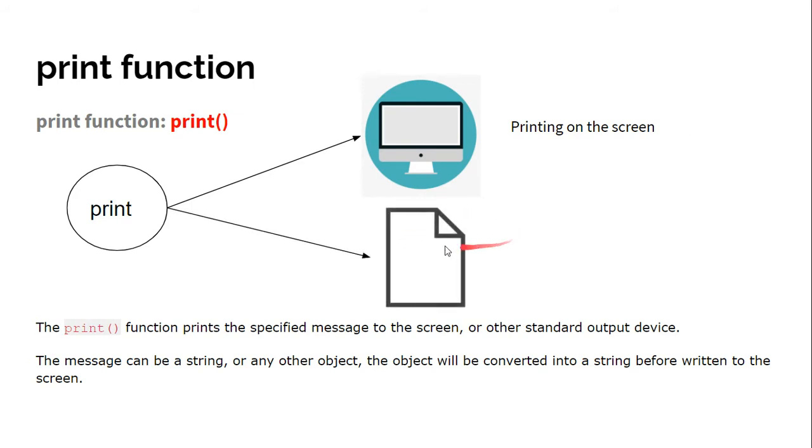Next is writing into a file. Not every time do we want to print the result on the screen; we may want to write it into a file, and then we can use the print function to write into the file also.